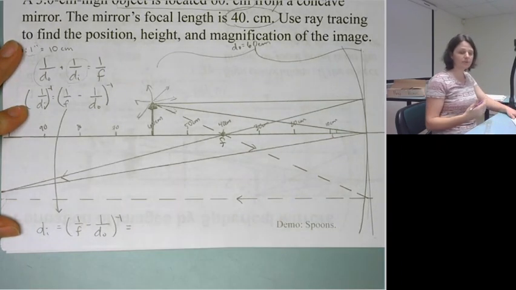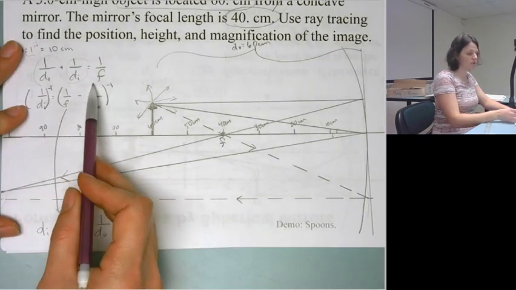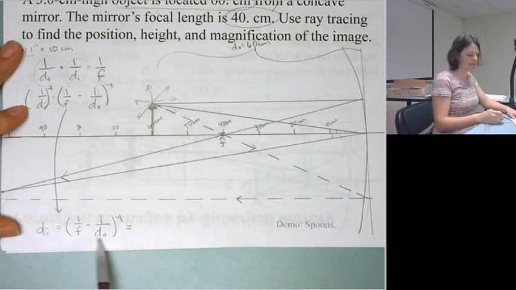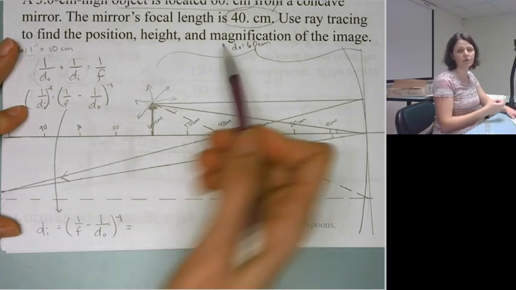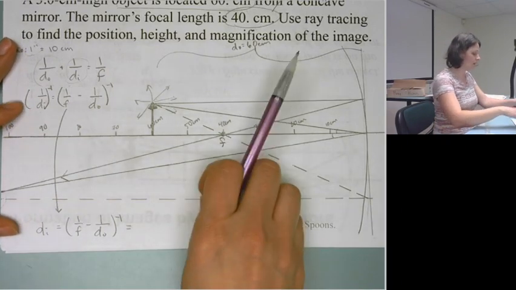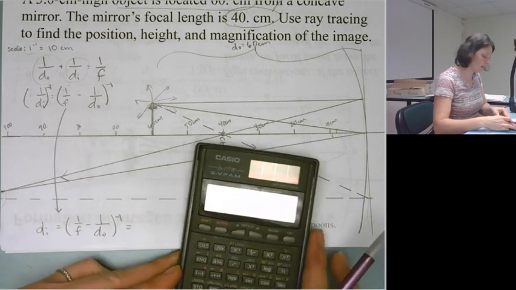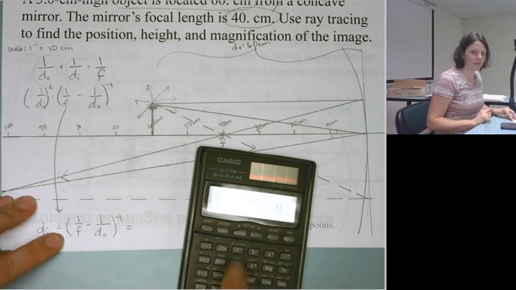And remember, I talked about this before. All that is in this formula is distances. So I'm going to just keep these all in centimeters. As long as F and dO go in as centimeters, then I know that dI will come out as centimeters. And that's fine. Or you can convert it to meters, that's fine too. Rather than doing 1 over, I like to use my -1 power button.